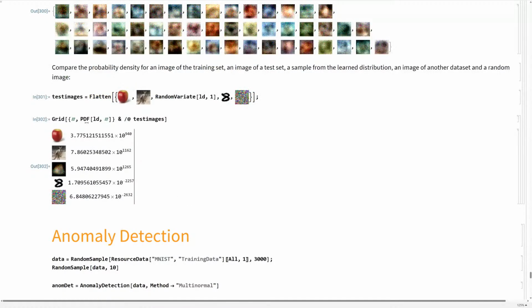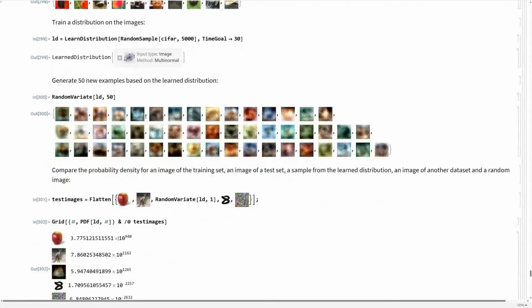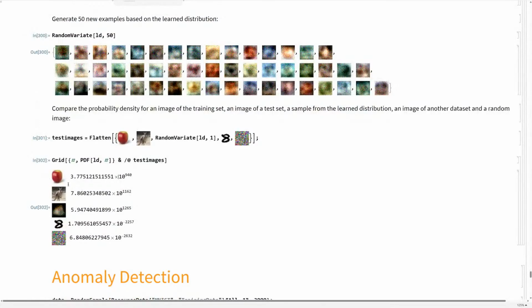So we can see here the PDF is basically, you can understand it as the probability of the chances that this picture is in this distribution, which basically means the set of the pictures.